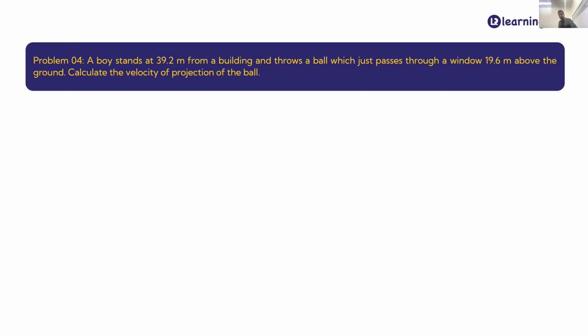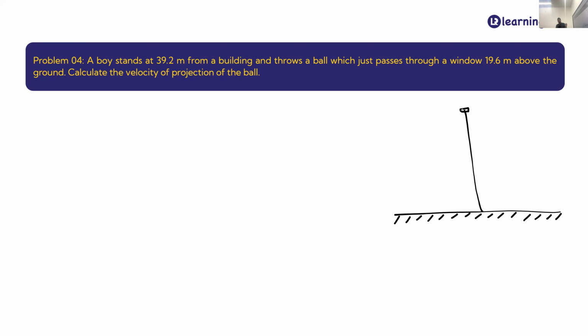Okay, listen. There is a ground, right? There is a building, okay, and there is a window here. We don't know how many floors are there above it, that we are not concerned about.